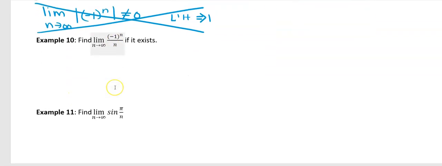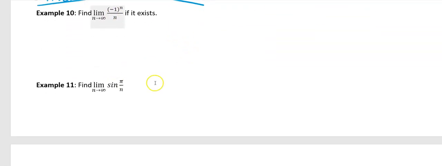Okay, let's look at example 10. Example 10 states that as n is approaching infinity, what's the limit of -1 to the nth over n? And we need to determine if it exists.